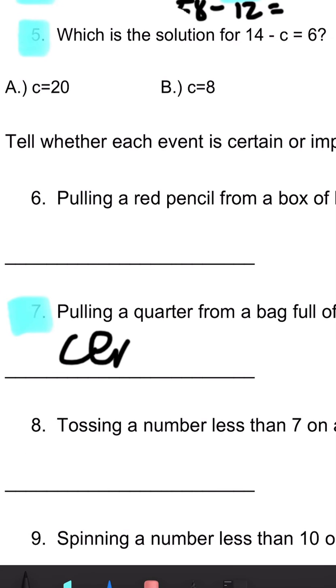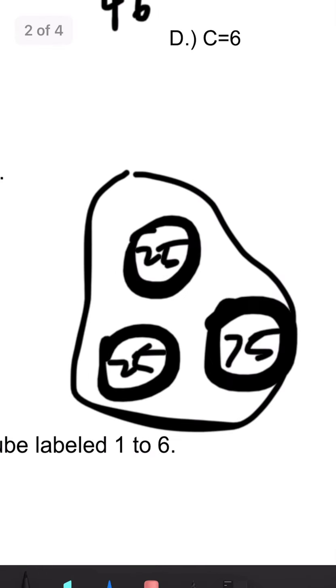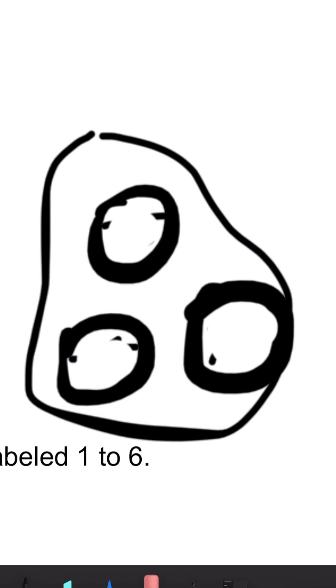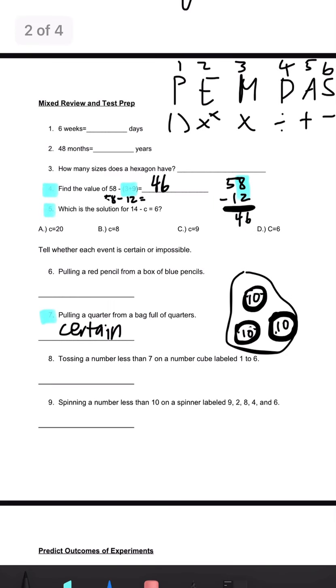So we'll put certain. We would put impossible if these were bags of maybe dimes, something other than quarters.